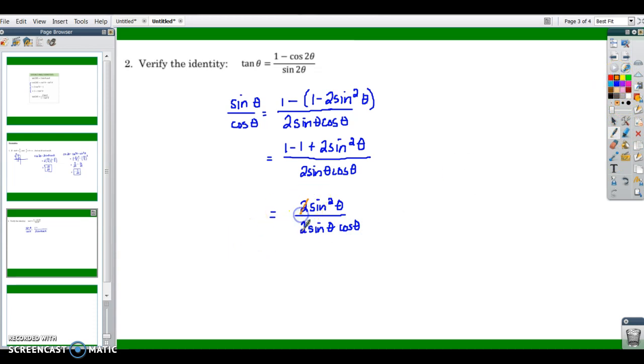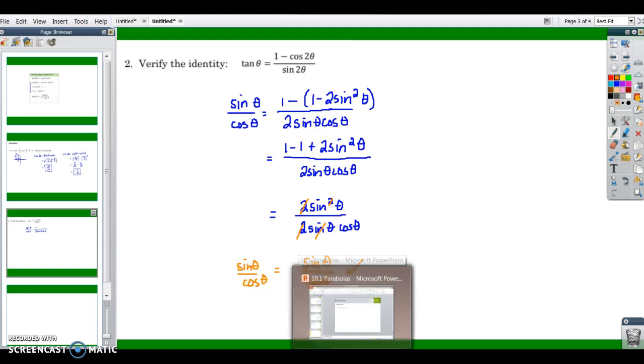And now you'll see that my 2's cancel and one of my sines cancel. So I'm left with sine theta over cosine theta, which is what I had on the left. And there is my verification.